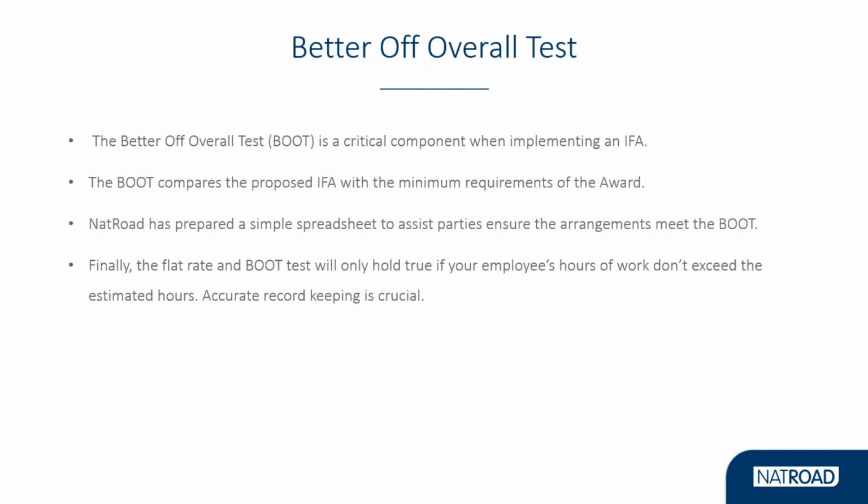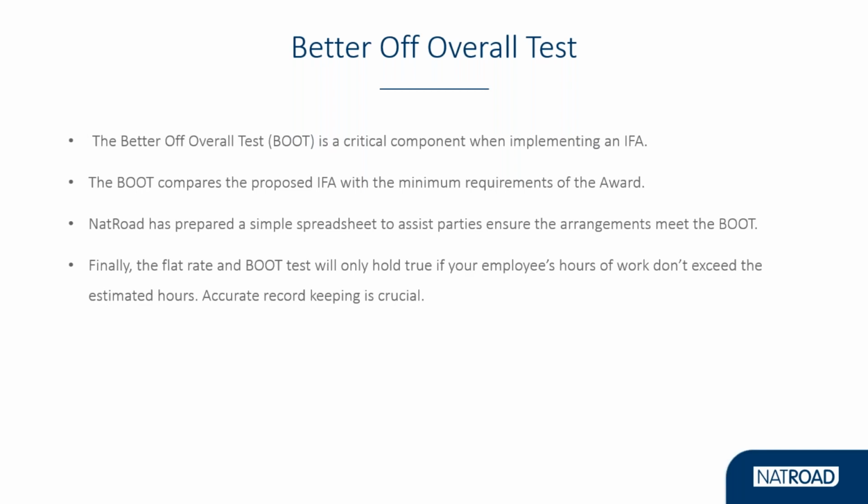So this brings us to the Better Off Overall test, and this is what has the highest potential to trip people up. So what happens when the BOOT is performed? You're basically comparing that hourly rate against what the employee would earn under each element of the award.